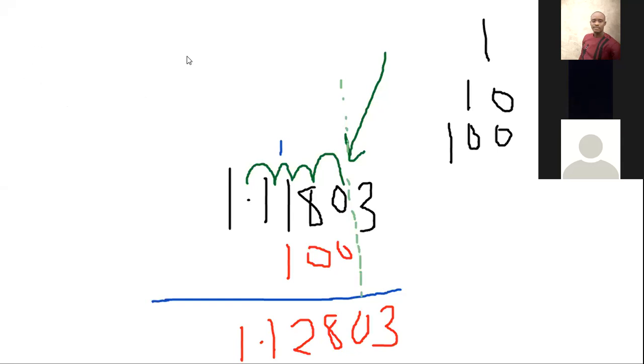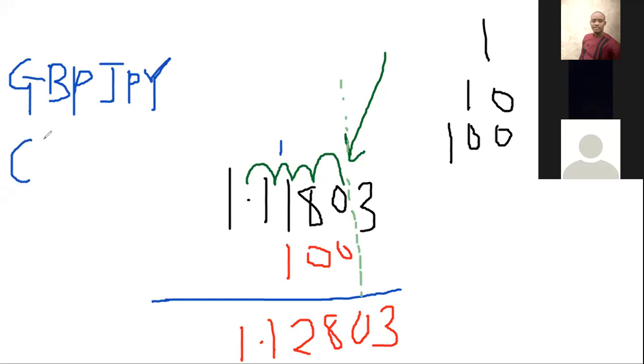Sorry for the newbies here, it is well with us, don't worry, you get used to these things. These are just symbols in forex. GBP JPY. You can have CHF JPY. These are yen pairs.